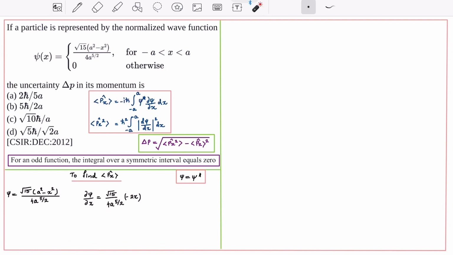Now let us find out the expectation value of px, that is equal to minus i h bar integral minus a to a psi star dou psi by dou x dx. Psi star is equal to psi and we have evaluated dou psi by dou x. Therefore, the expectation value of px becomes minus i h bar integral minus a to a 15 by 16 a raised to 5 (a square minus x square) into minus 2x dx.